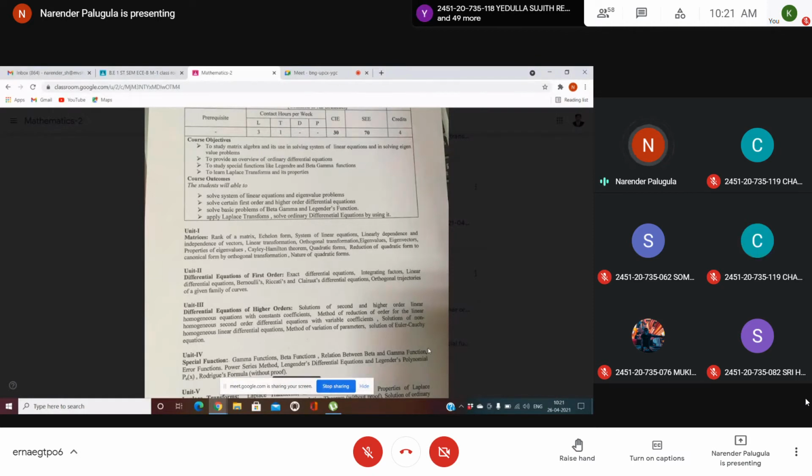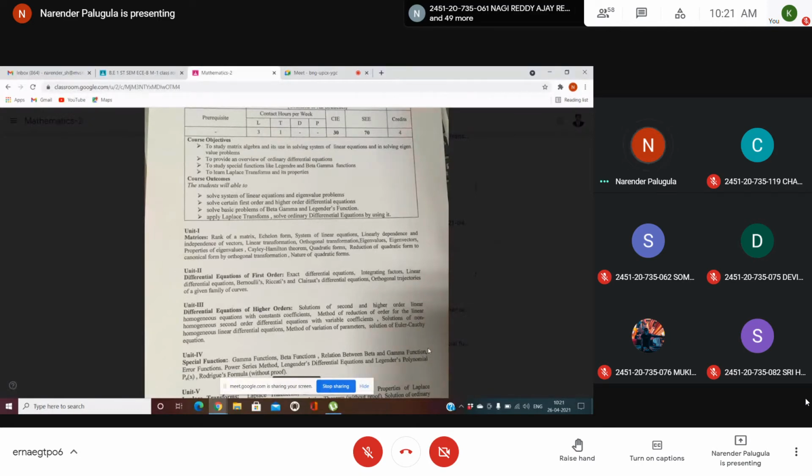Unit 3 is about higher order differential equations. Unit 2 is only first order, but Unit 3 is about higher order: second order and third order. How to solve higher order differential equations? What types of second order differential equations are there? What are their procedures? Solutions of second and higher order linear homogeneous equations with constant coefficients.